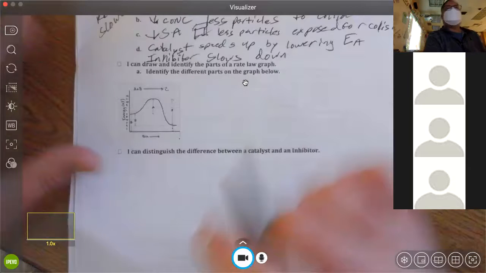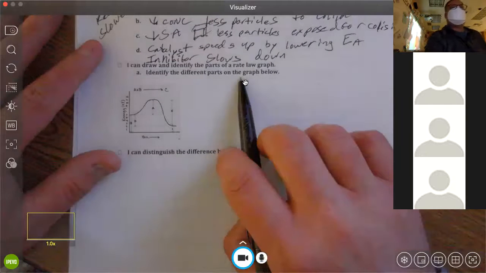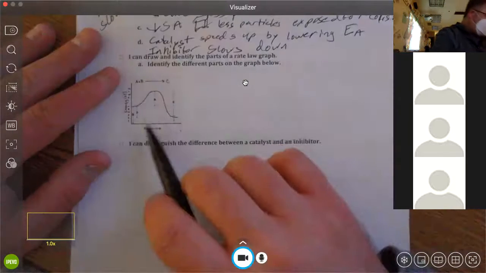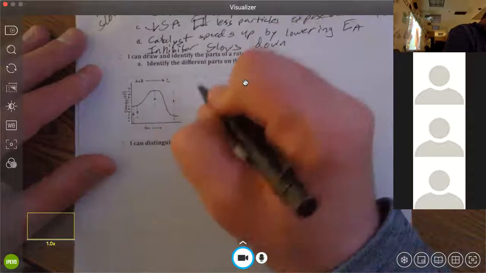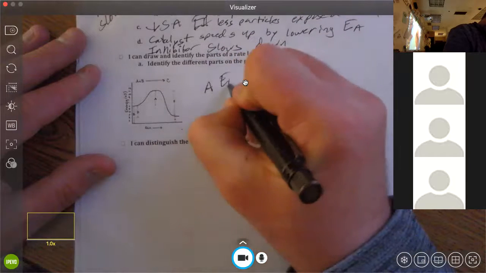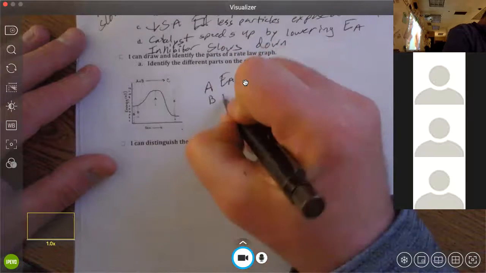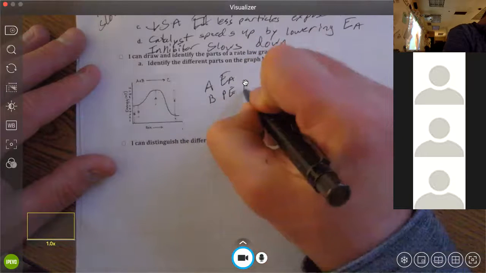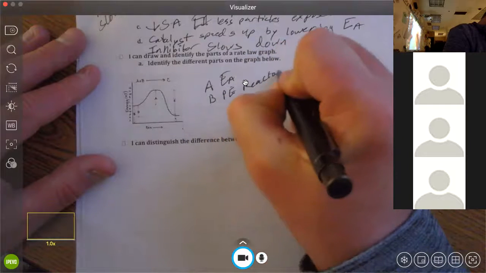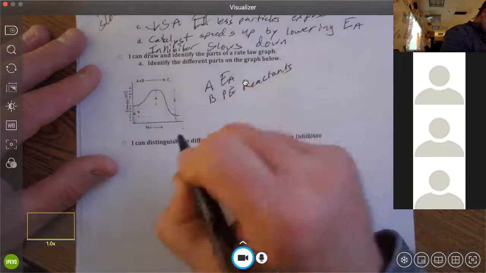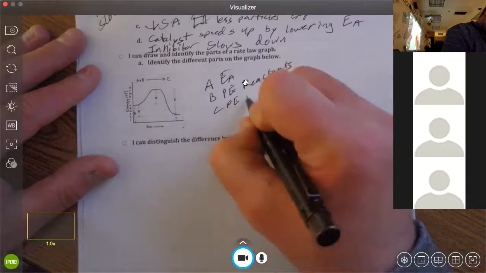I can draw and identify the parts of the potential energy diagram below. So if we take a look, we should be able to say A is the energy of activation. B is the potential energy of the reactants. C is the potential energy of the products.